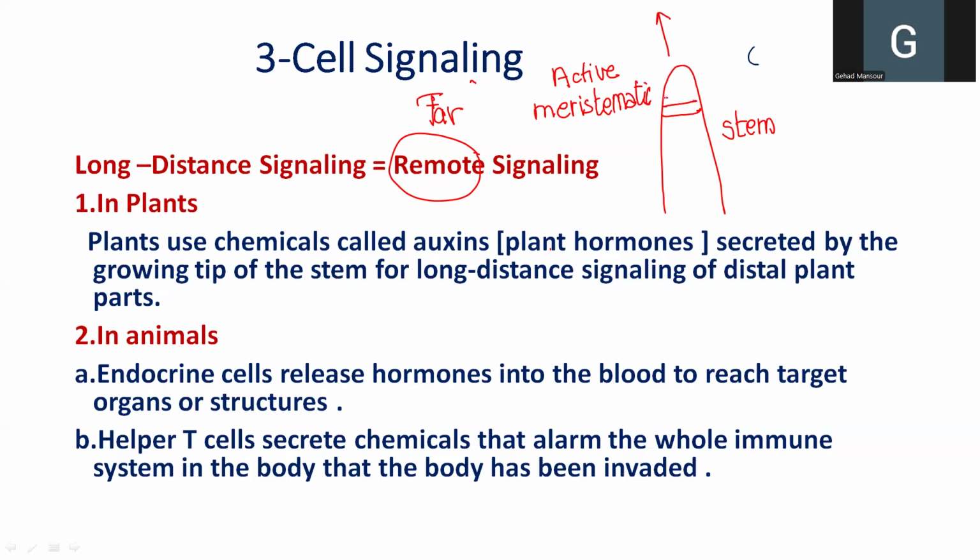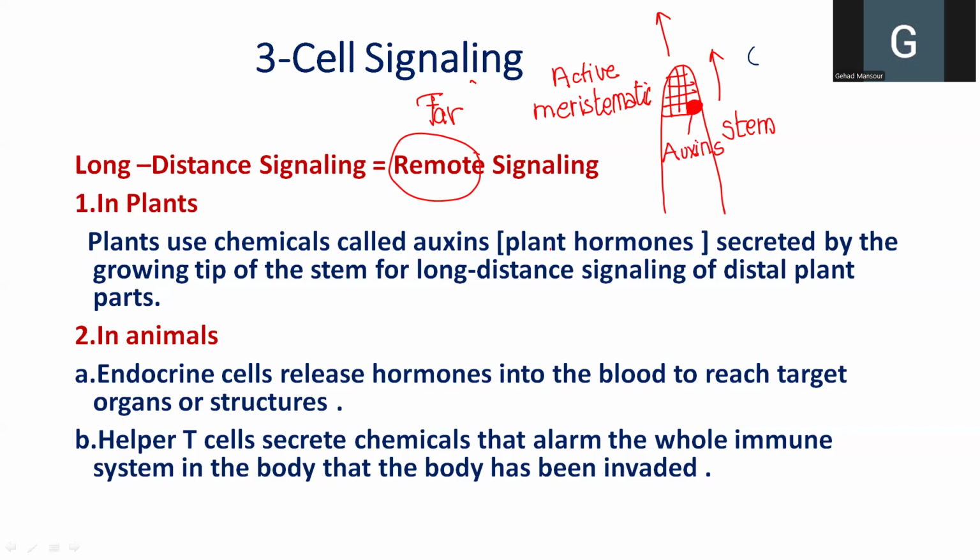So these active meristematic cells divide rapidly in order to ensure the growth of the stem. But meanwhile, the tip of the stem contains cells that can secrete signaling molecules. And these signaling molecules are called the auxins.